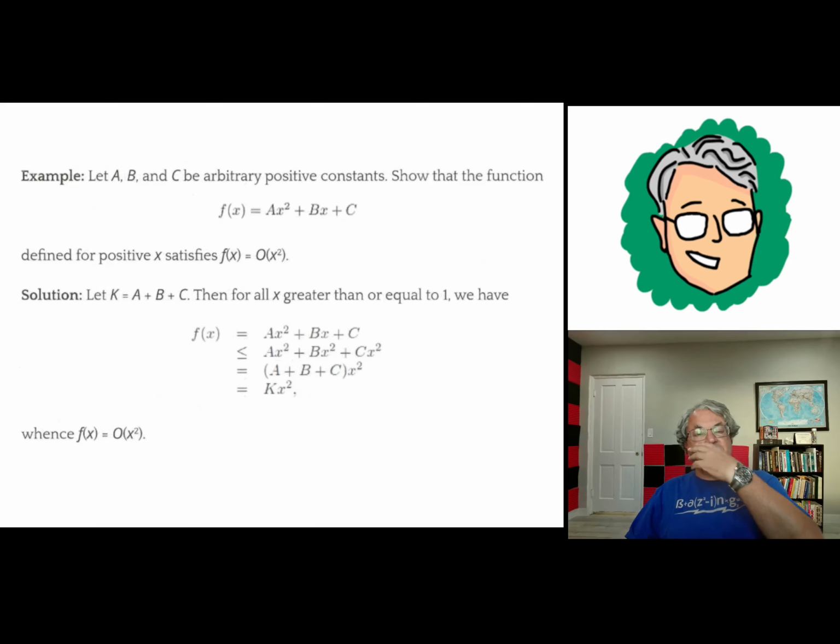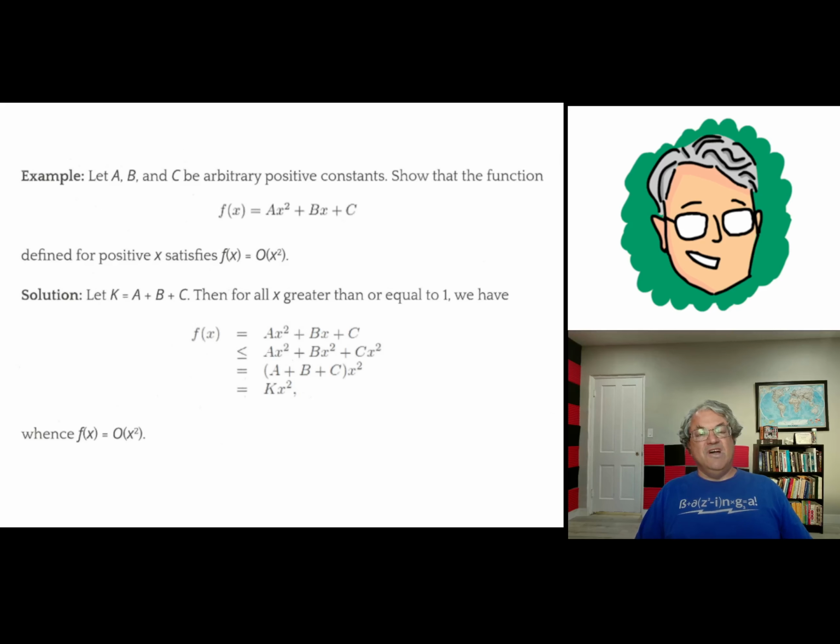Well, I'm going to finish with an example that's not big O of x. This was big O of x squared. What about, instead of a general linear function, a general quadratic, ax squared plus bx plus c, where a, b, and c are arbitrary constants? And we want to show that this is big O of x squared. Same idea.